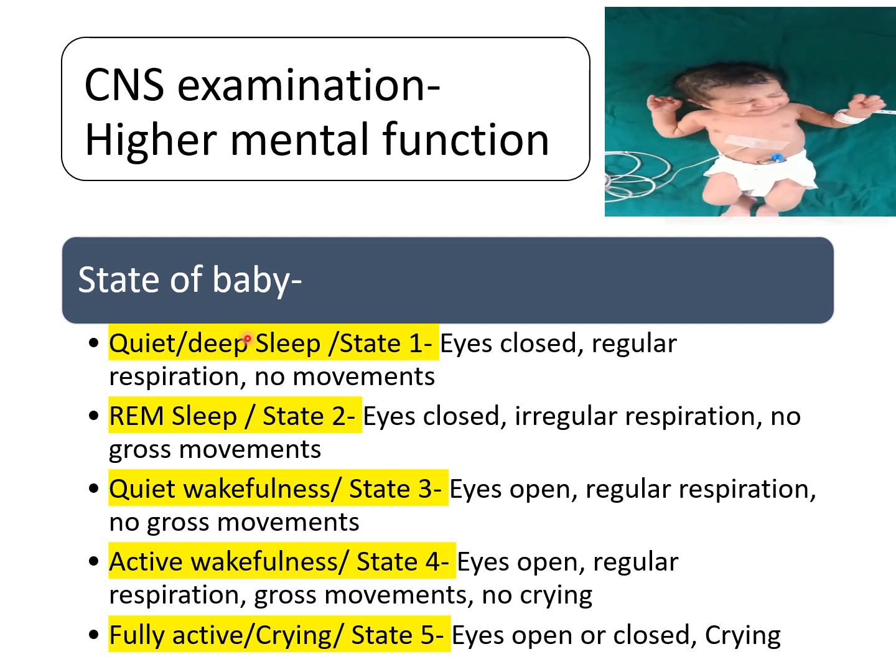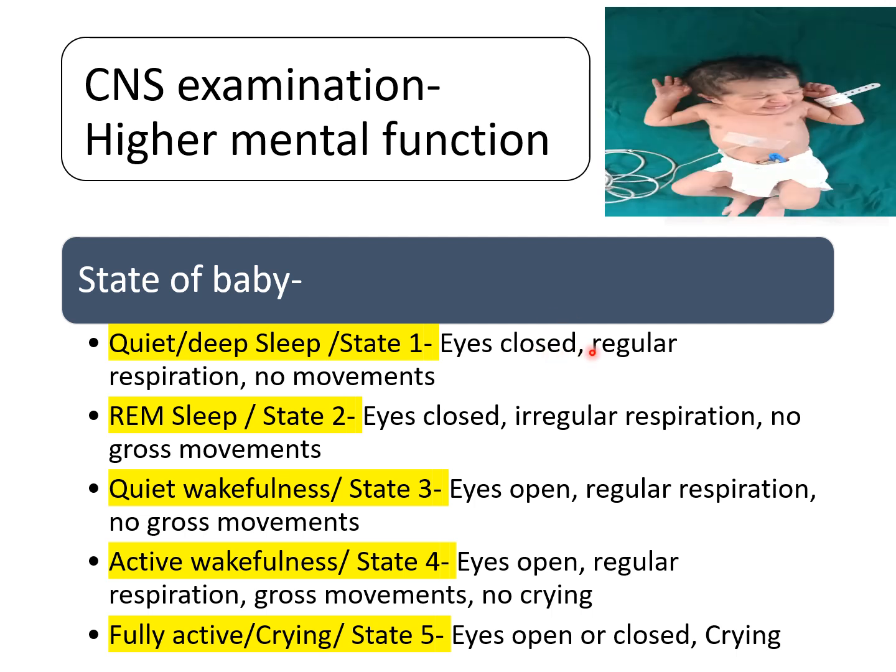So in the state 1, eyes are closed, regular respiration, no movements. In REM sleep, state 2, eyes closed, but respiration is irregular. No gross movements are there. Quiet wakefulness, state 3, when eyes open and regular respiration, but no gross movement.